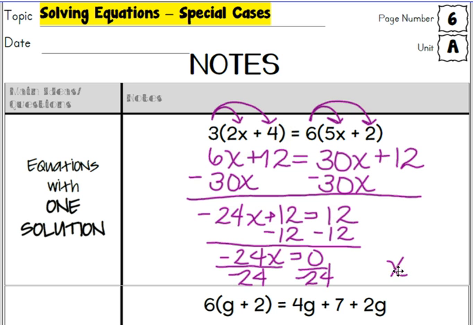And so x would then equal 0 divided by negative 24, so x would equal 0. And so in this case, x is a specific number. So 0 is a number, so we have an equation that has one solution, whether that be 0, 1, 2, 3, whatever, there's just one number that will work to make this equation true.